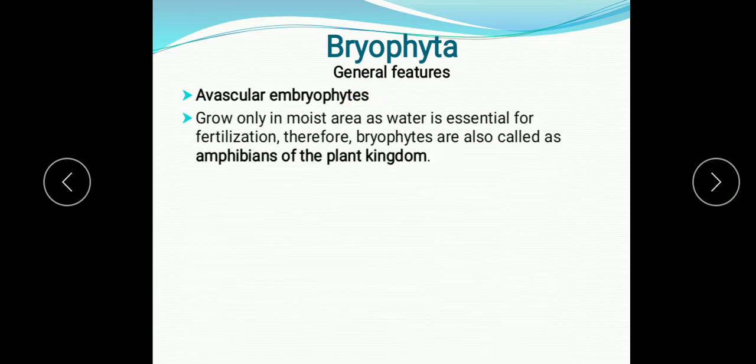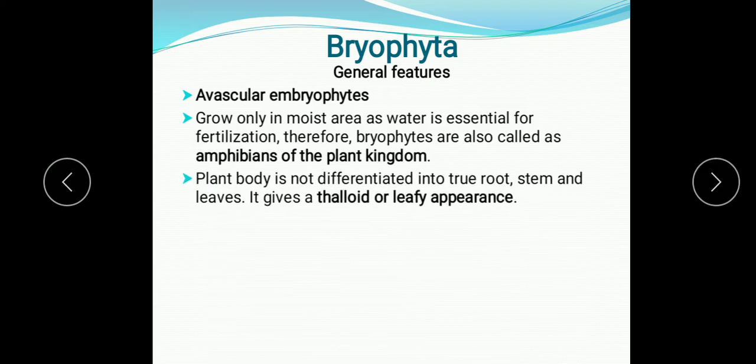As we have studied, algae do not produce embryo, but the bryophytes produce embryo. So they are the embryophytes. Now they grow only in moist areas, as water is essential for fertilization. Therefore bryophytes are also called the amphibians of the plant kingdom.